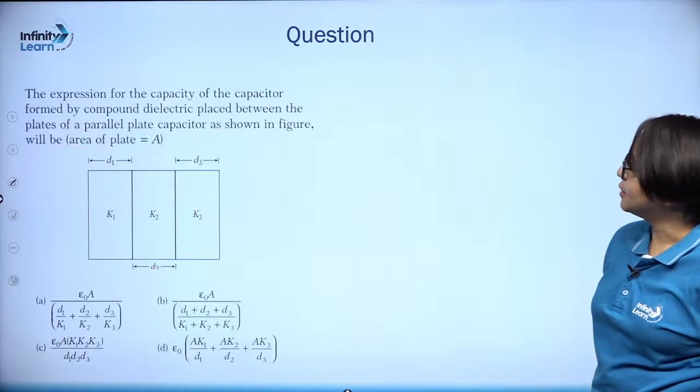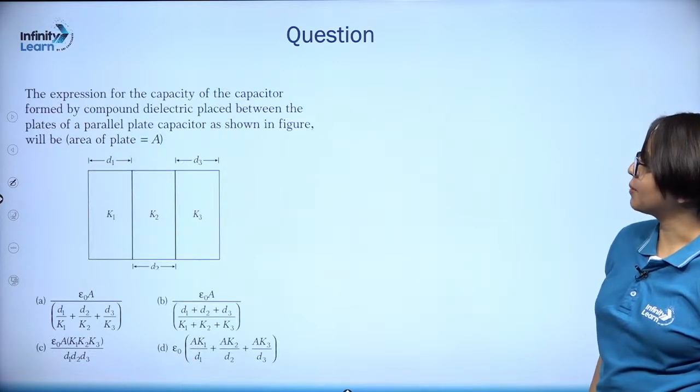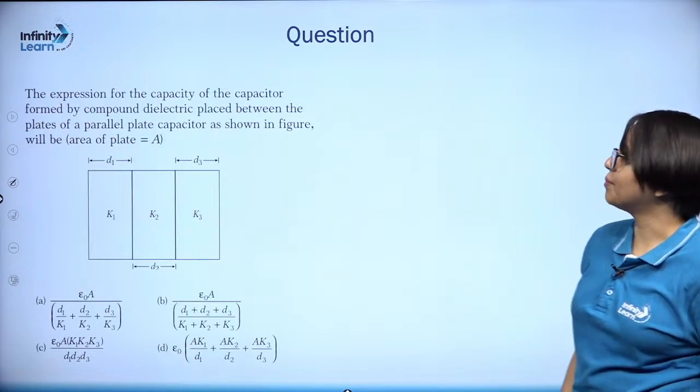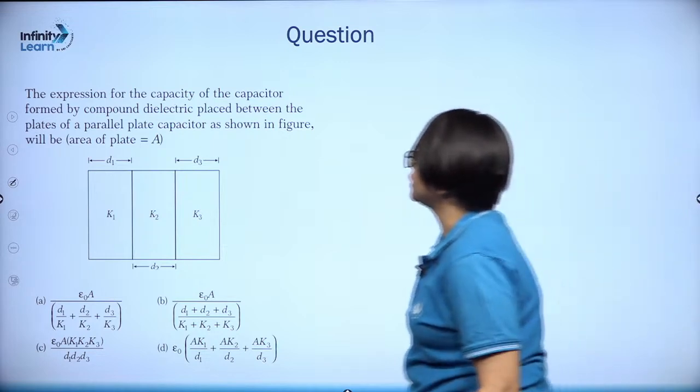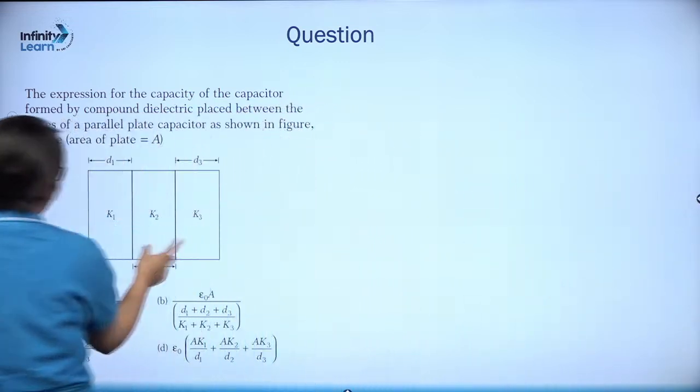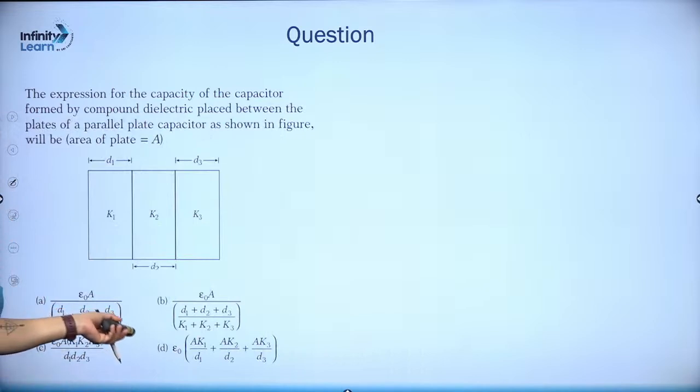Now next is this one. The expression for the capacity of the capacitor formed by a compound dielectric placed between the plates of the parallel plate capacitor as shown in the figure. Now this is a direct formula, beta.